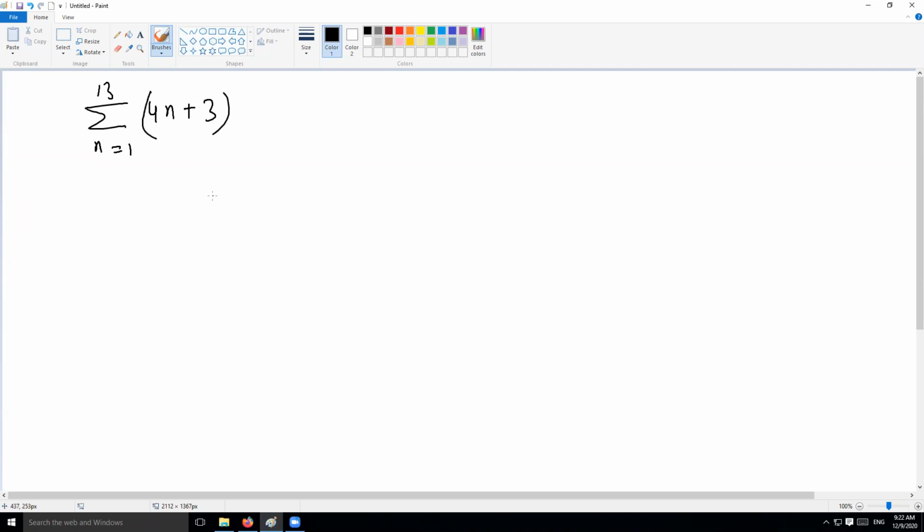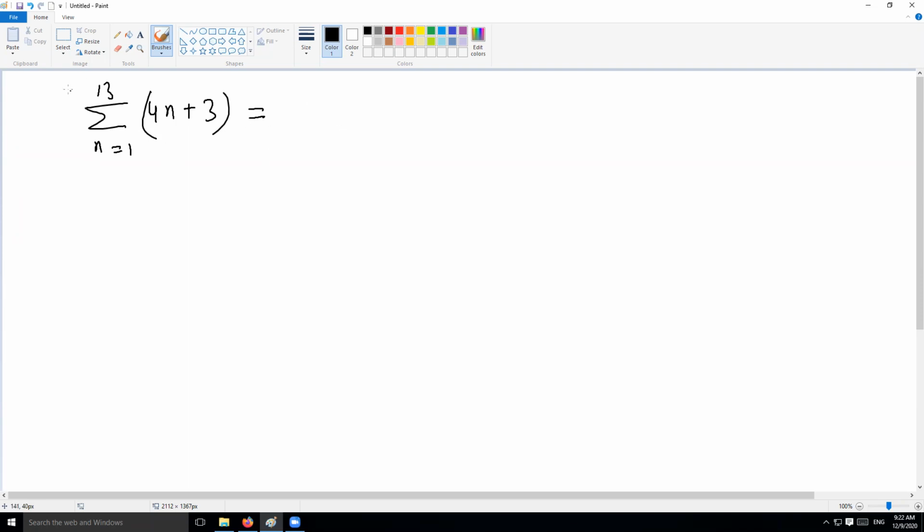This is my sum. The question is, what would be the expanded form of this sum? What is this sum saying explicitly? Previously we went from the sum to this notation, and now I want to go from this notation to the sum.